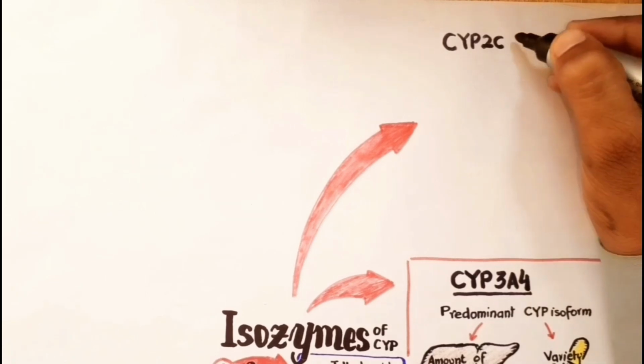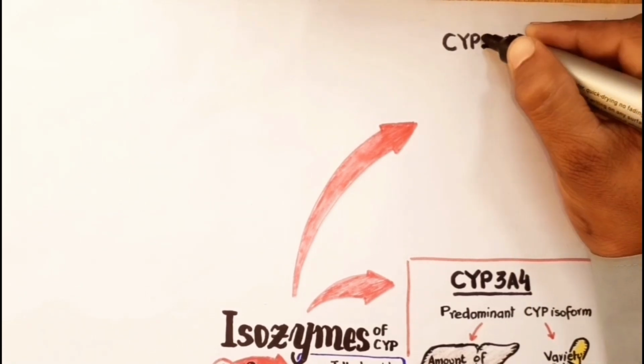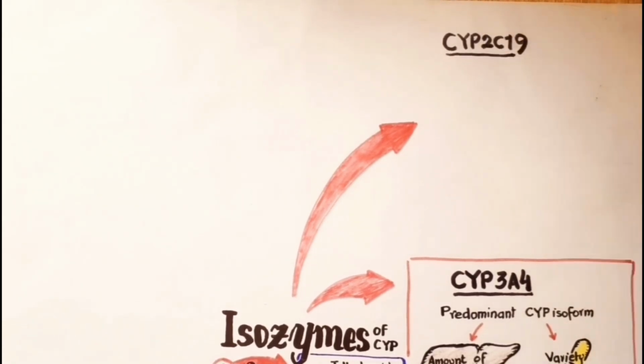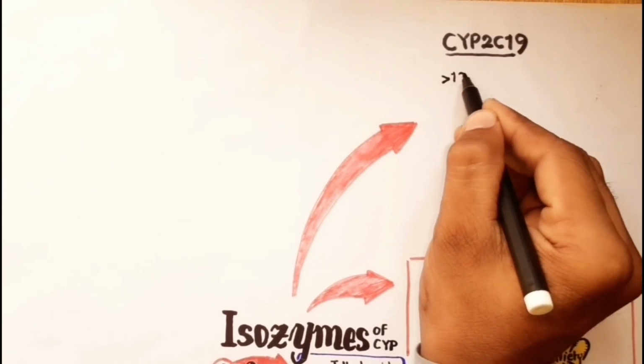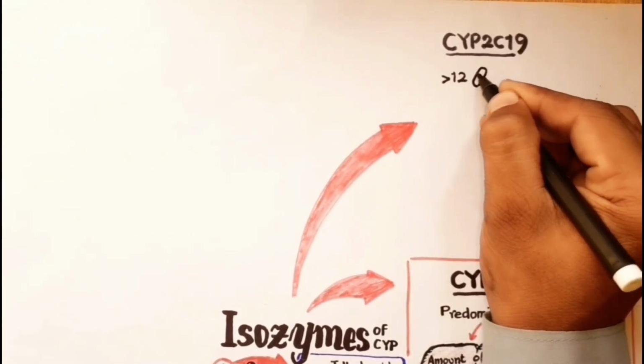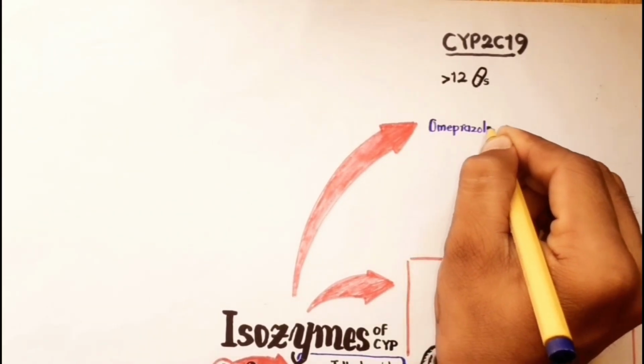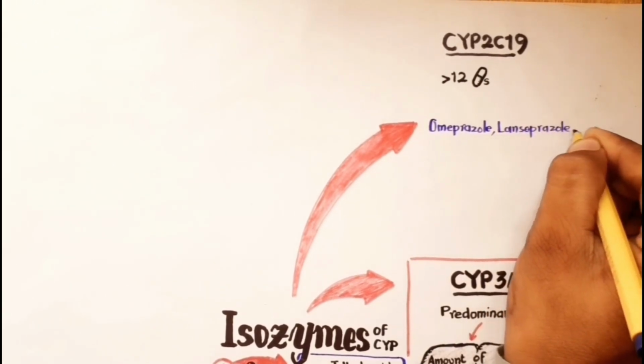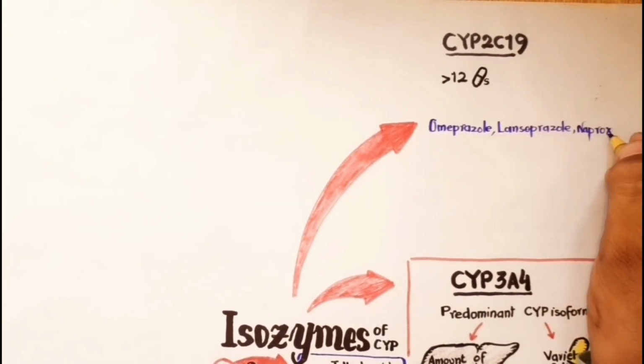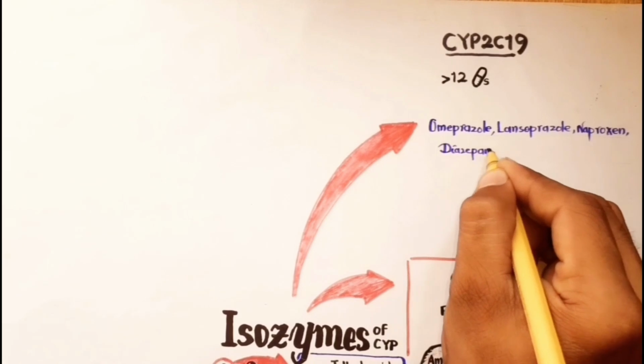CYP2C19 isoform metabolizes more than 12 frequently used drugs including omeprazole, lansoprazole, naproxen, diazepam, and propranolol.